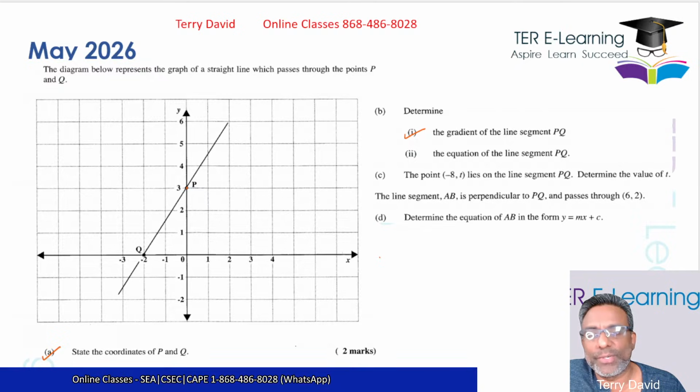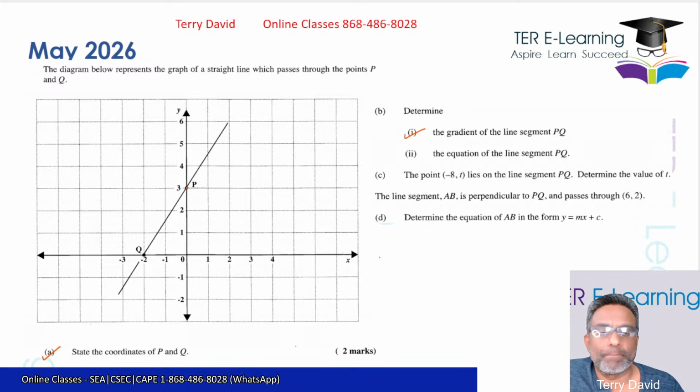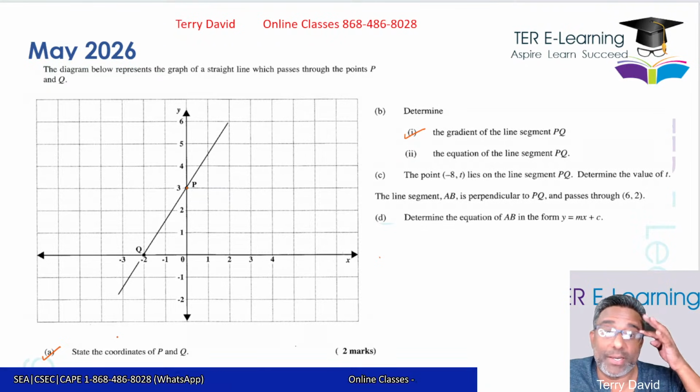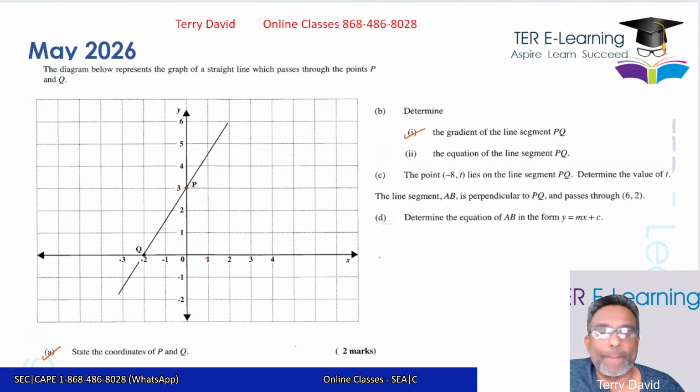I will also need to know the coordinates of Q. Right, part A of the question, we want to know the coordinates of P and the coordinates of Q.